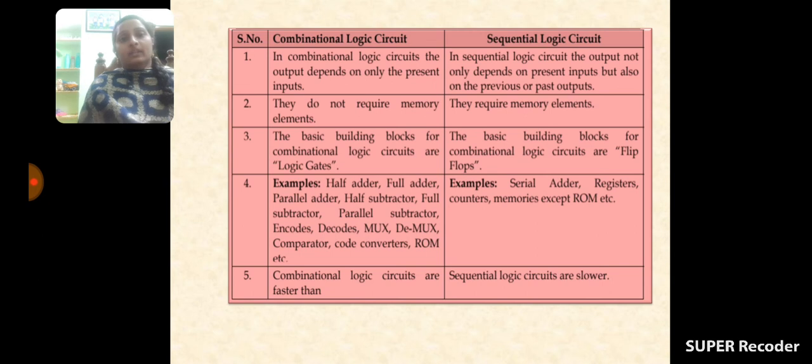And coming to the next one, the basic building blocks of combinational logic circuits are logic gates only. How can we develop combinational logic circuits? With logic gates. For example, the half adder is constructed with gates only.